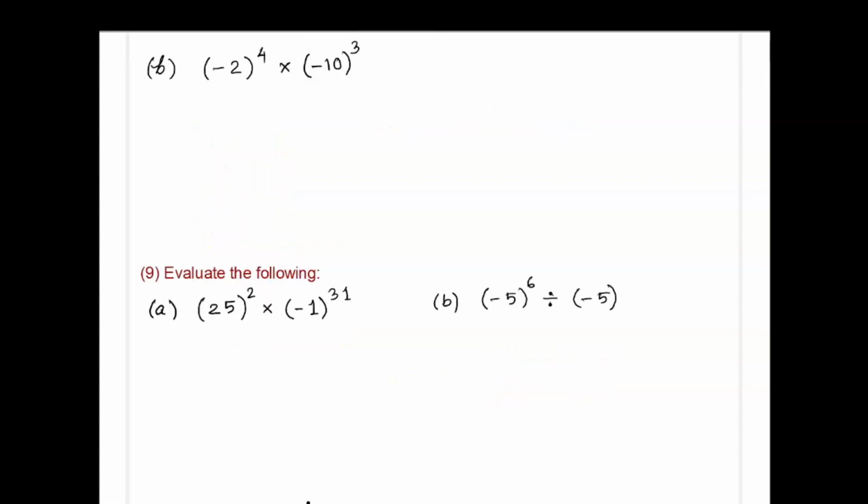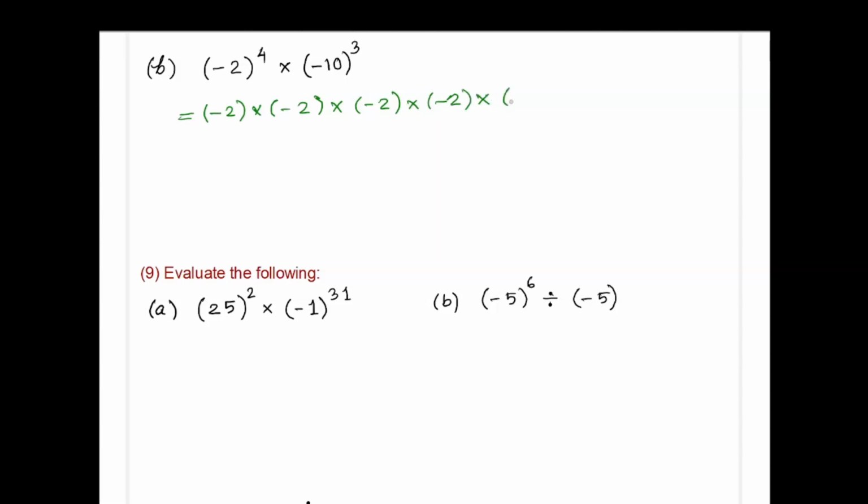Say here the base is negative. Minus 2 to the power 4. So if we multiply a negative to an even power, it will give us what? Positive. So better you write it like that, minus 2 into minus 2 into minus 2 into minus 2.